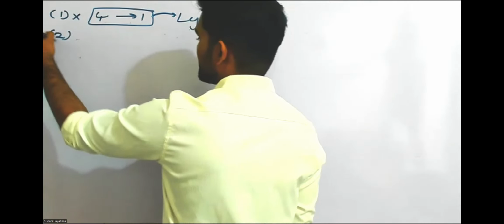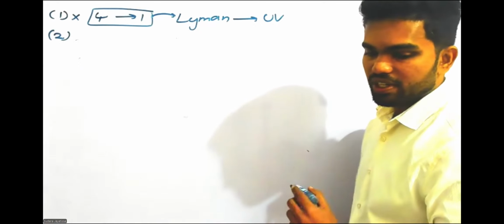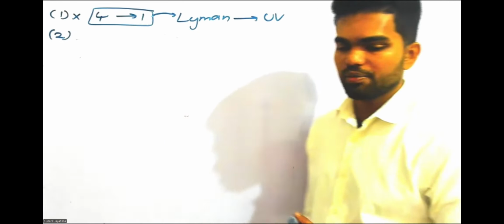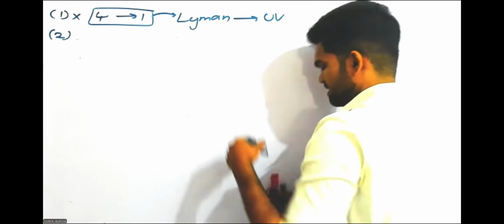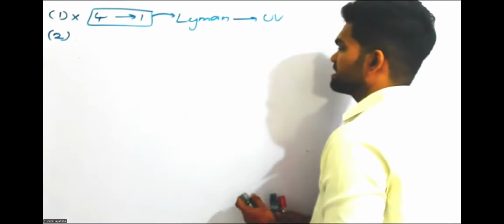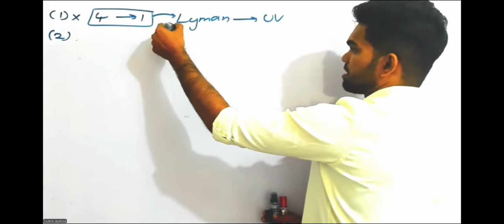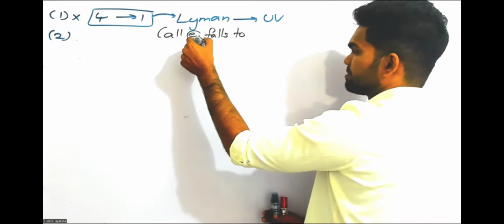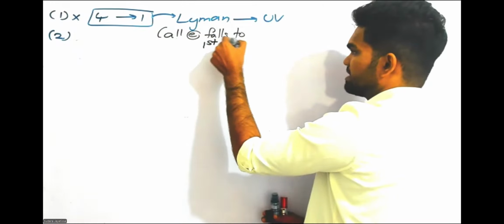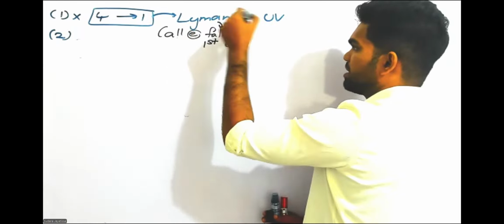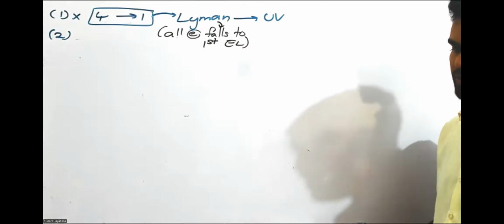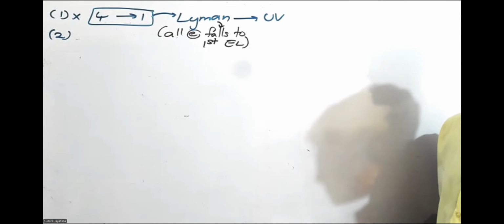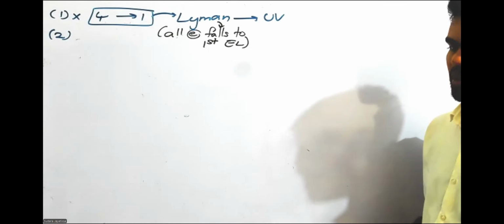All transitions, all electrons falling back to the first energy level, belong to the Lyman series, and those belong to the UV region.